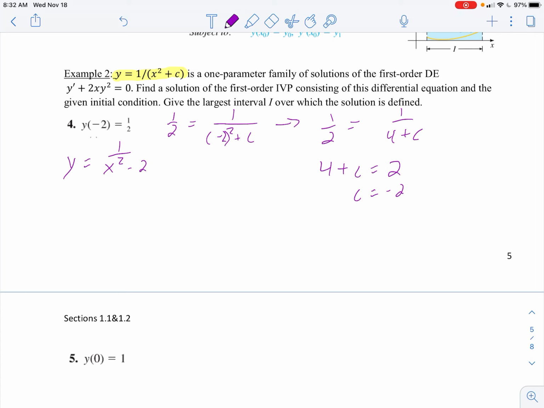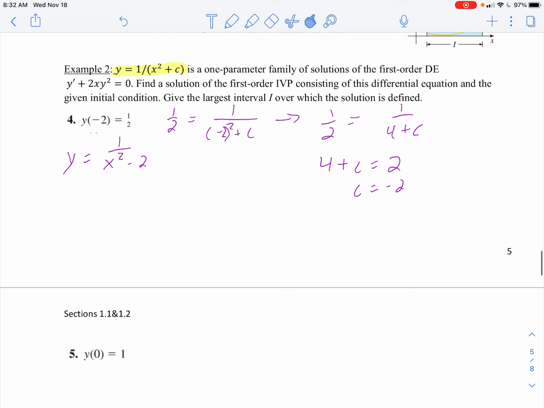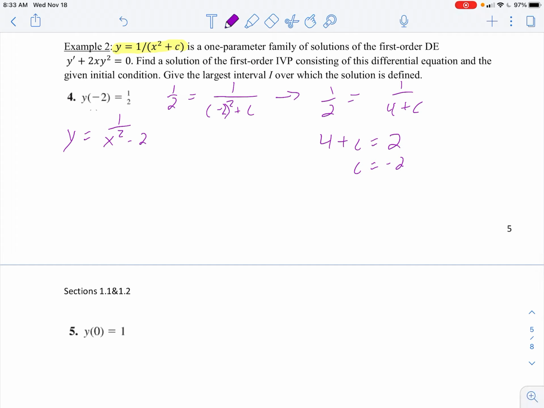And now all we have to do is determine, okay, what's the interval? What's the domain of this function? I'm just going to scoot up again because there are parts on this iPad I can't write on. Well, x is not allowed to be plus or minus the square root of 2, because if that's the case, we're going to get 0.